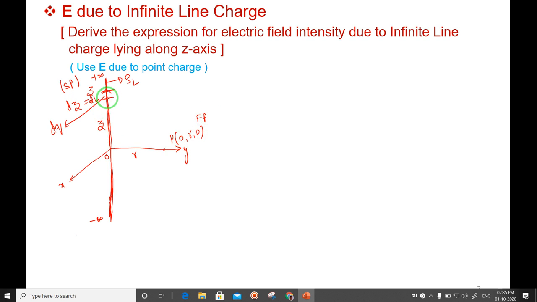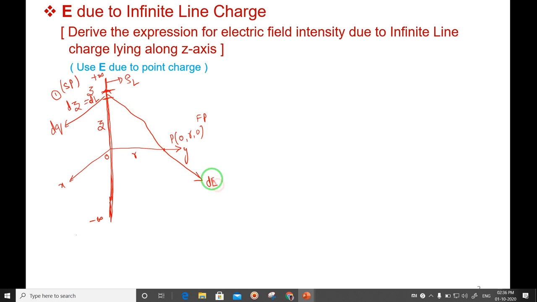This is the small differential length of the line charge we have considered, the first differential length. Due to it, we have to find the differential electric field intensity at point P. I will join the source point to the field point with a straight line.